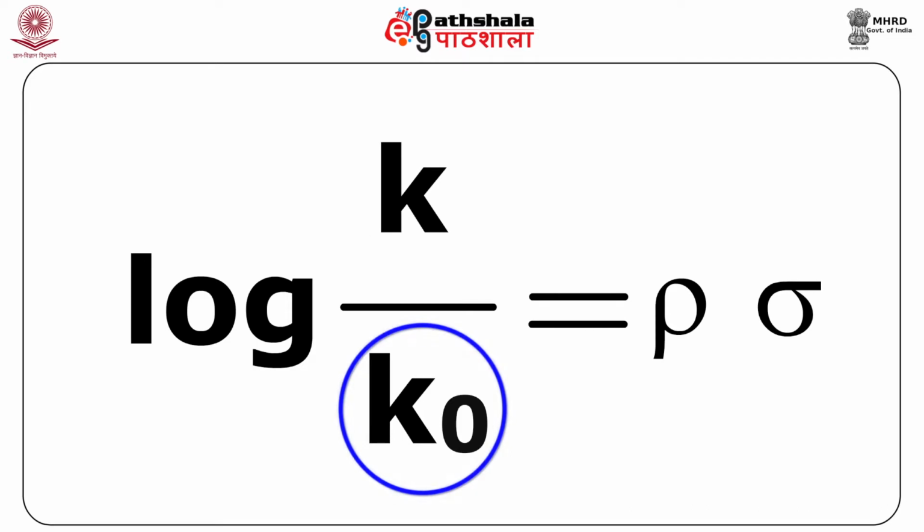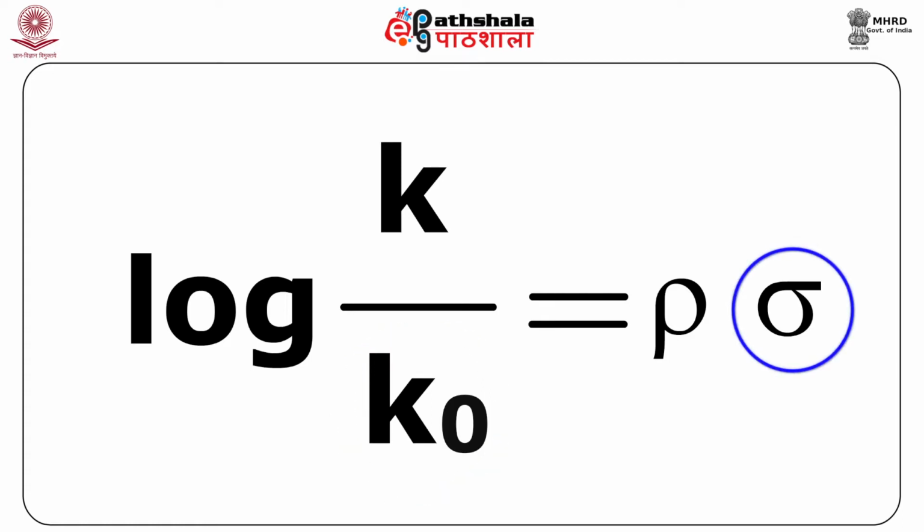K naught is the rate or equilibrium constant for the unsubstituted compound in the same reaction series. Sigma is the log K by K naught for the benzoic acid ionization equilibrium chosen as the standard reaction series, although many substituent constants have been calculated for other reactions as well.